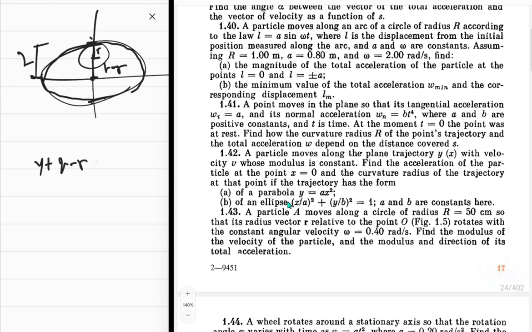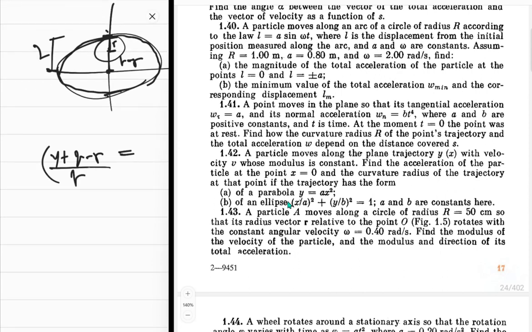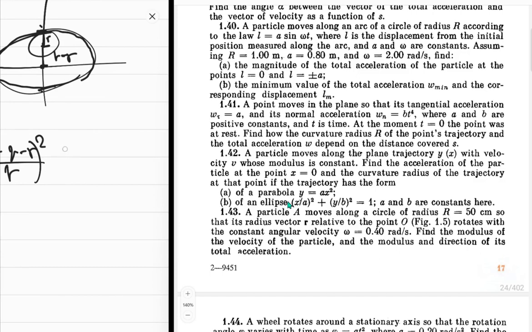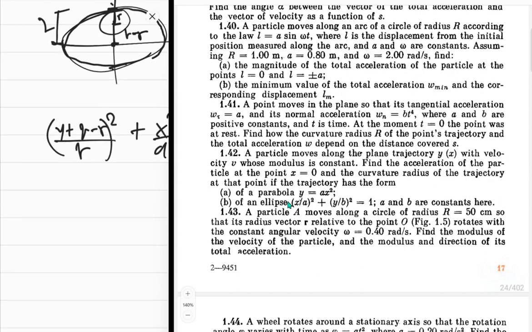Now this is the kind of question I wanted to have, that would give me some insight into something that is not the routine thing, right? So y plus b minus r, that thing squared upon b squared, plus x squared upon a squared, because there's no shift in x, is equal to 1. That's our thing. Now, we can write y as r sine theta and all that stuff.